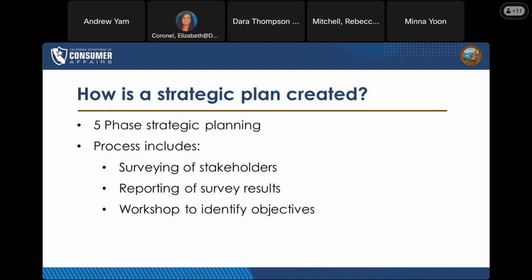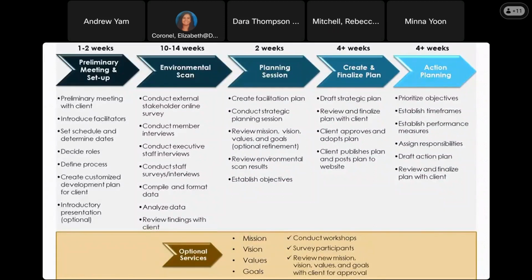So let's look at the strategic planning roadmap here in more detail. There are 5 stages in the strategic planning process. Each stage contains a broad list of tasks that take place. Lastly, we have optional services which can be incorporated within the first 3 stages.